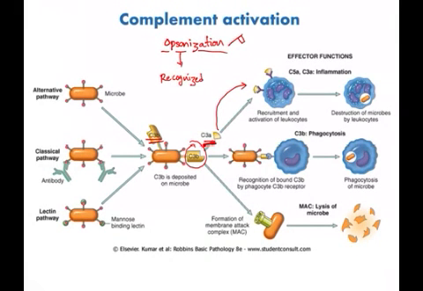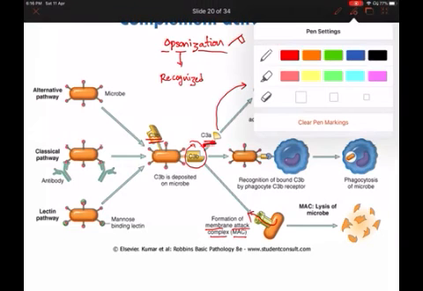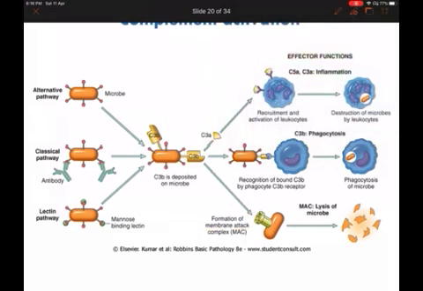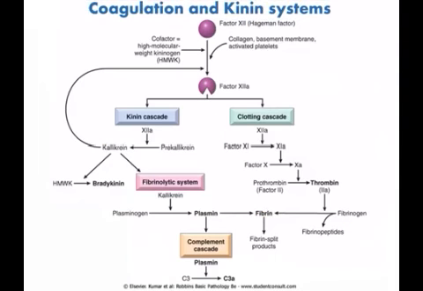Some of the complements lead to formation of the membrane attack complex (MAC). This membrane attack complex leads to formation of certain pores which makes the bacteria leak its cellular contents. Because of that, microbes are going to get lysed. So through these mechanisms, complements are going to opsonize as well as protect our body from the pathogens.